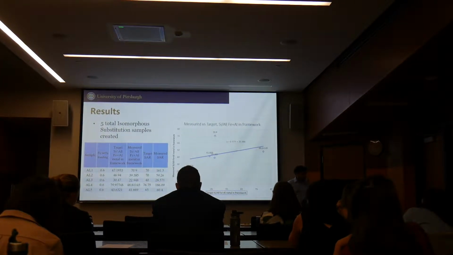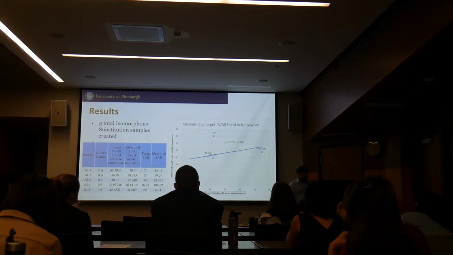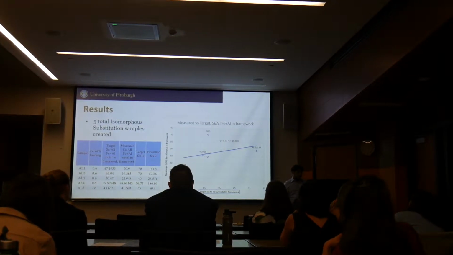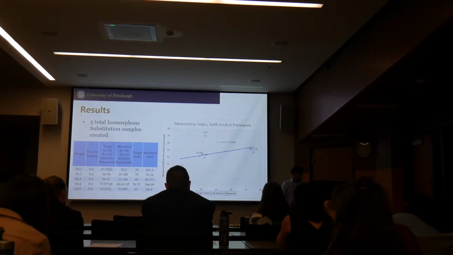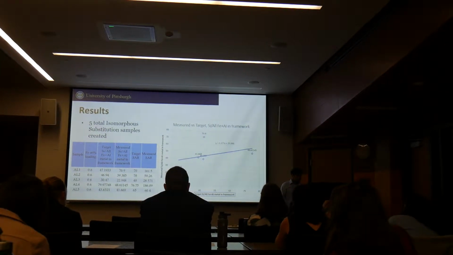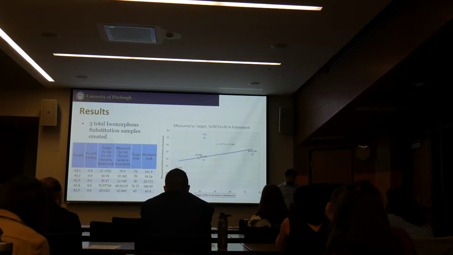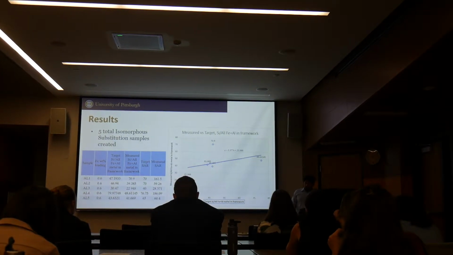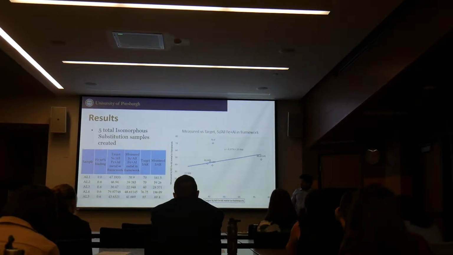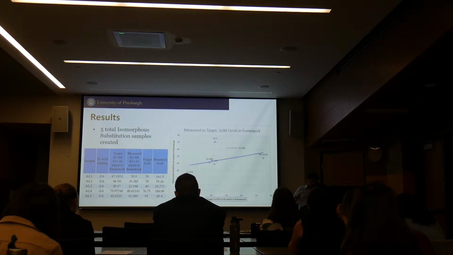So, my results. Like I said, my overall goal was to try to get a catalyst with a silicon to aluminum ratio of 100. I created 5 total isomorphic substitution samples, and the goal was also to create a correlation graph so that I could estimate our next target SAR.